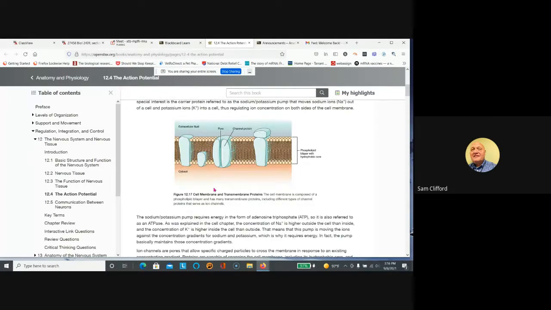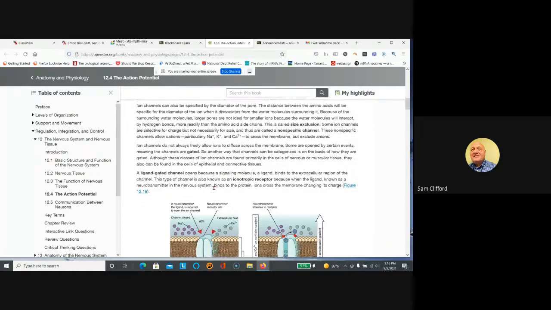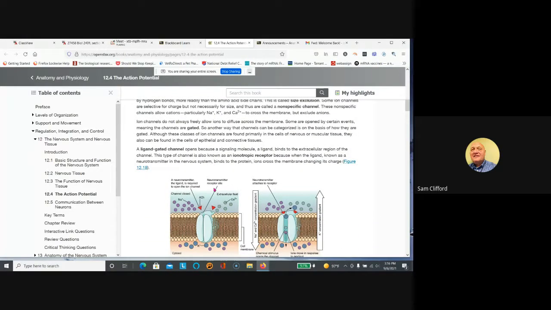So there are different types of ion channels. For instance, sometimes it may take an acetylcholine, a neurotransmitter, to open up a channel. And notice that there's more sodium on the outside of the cell and more potassium on the inside. So notice what happens.